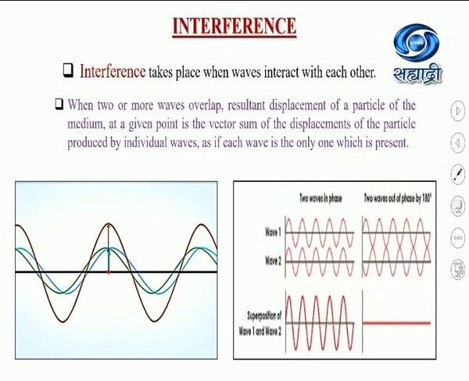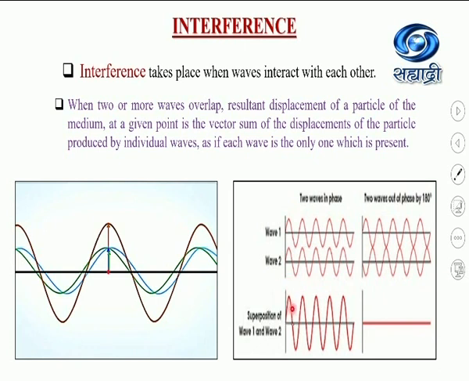The resultant displacement at that point is vector sum of the individual displacements of the wave. So if we consider this point, the vector sum of these two displacements is the displacement which is shown in the third diagram. As the two amplitudes are same, the resultant amplitude will be twice the amplitude of individual waves.